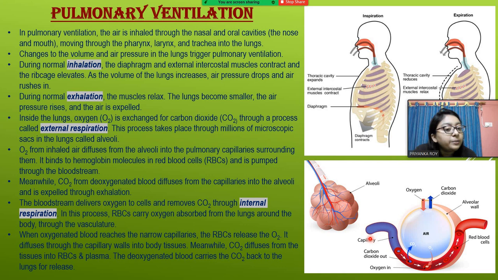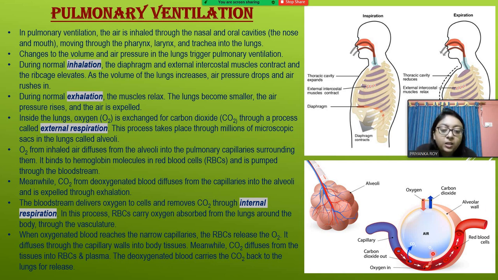Deoxygenated blood carries carbon dioxide, which is released into the alveolus, and the O2 from the alveolus is entering into the blood capillary, and therefore the blood color changes since it is oxygenated now. It is bright red in color, and therefore it gets carried to other parts of the body.